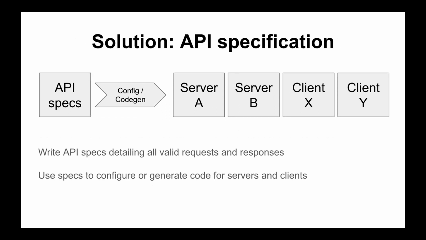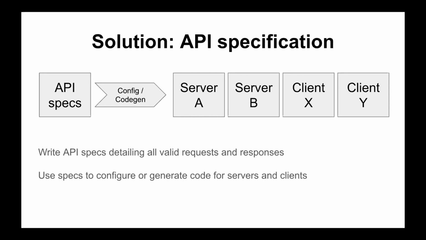The solution is that you first write the API spec in a way that is machine readable, and then you use that to either configure or generate servers or clients. If you have a dynamic language like JavaScript, more likely you would write something that takes the API specs as a configuration to create the right API.